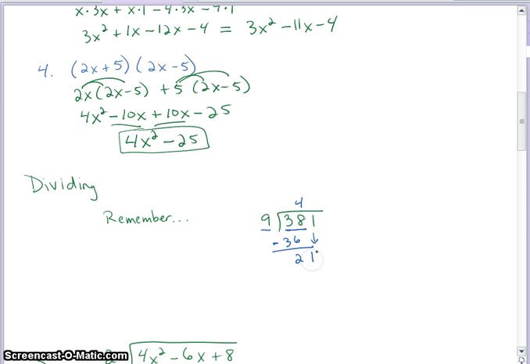Bring down the 1. So now I have 9 goes into 21 how many times? Twice. I get 18. I'm subtracting again. So 21 minus 18 is 3. What do you do with that remainder? Sure, you can add the decimal point, add a 0, bring it down, but what does that 3 really represent?